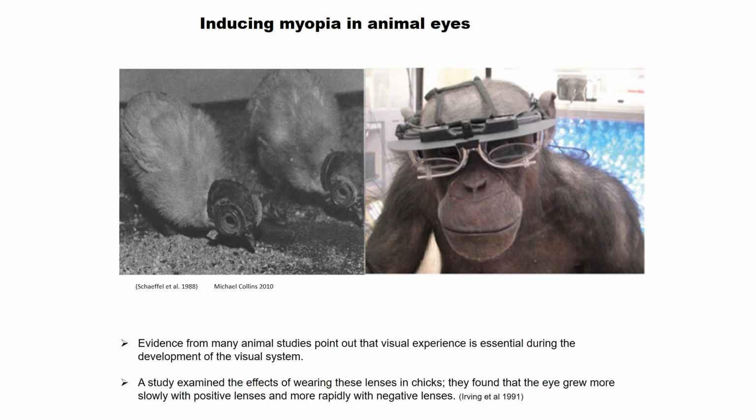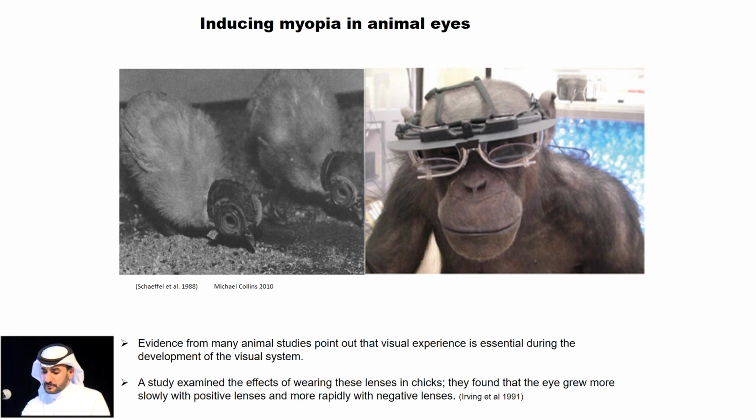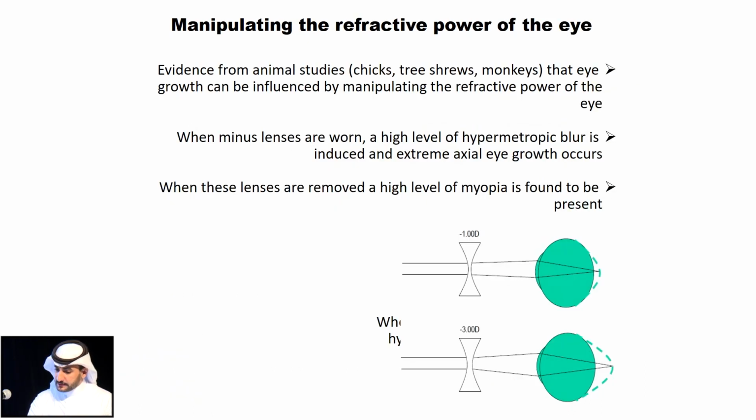Evidence from many animal studies has pointed out that visual experience during the development of refractive error is very important. Scientists have examined chicks and monkeys, using minus and plus lenses to manipulate the refractive power of the eye. Sorry for the messy diagram here.